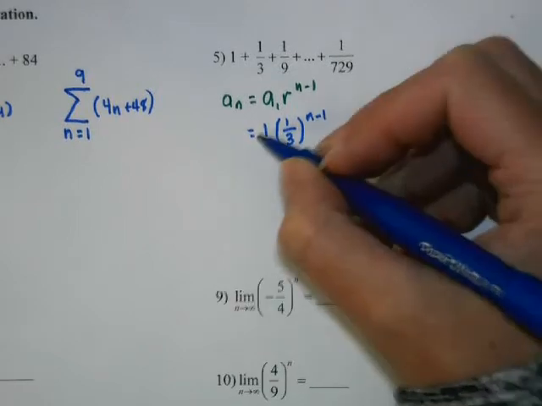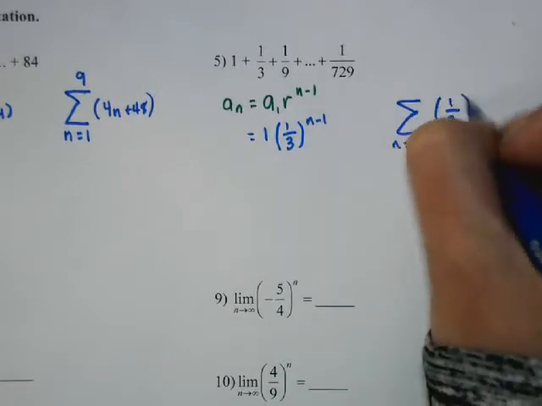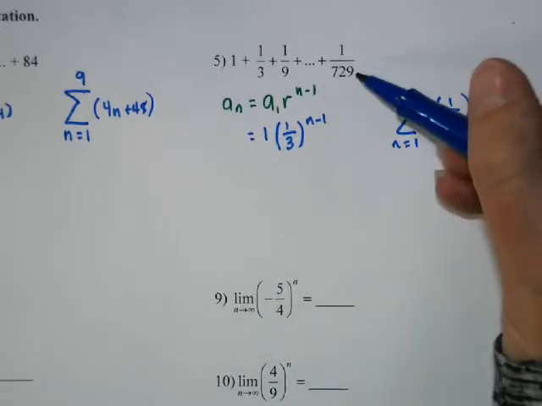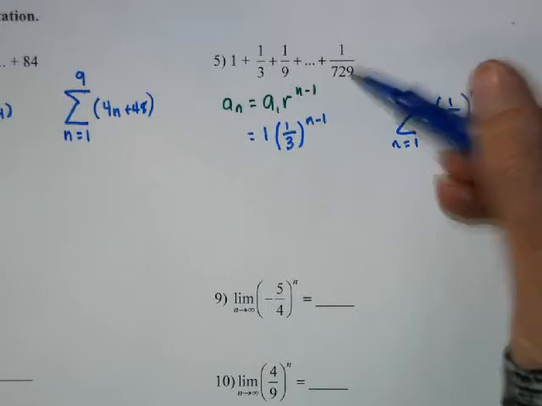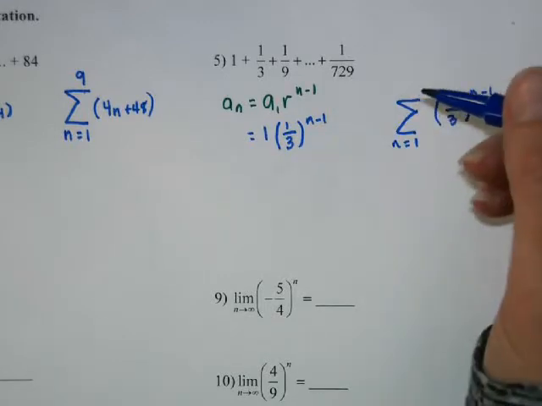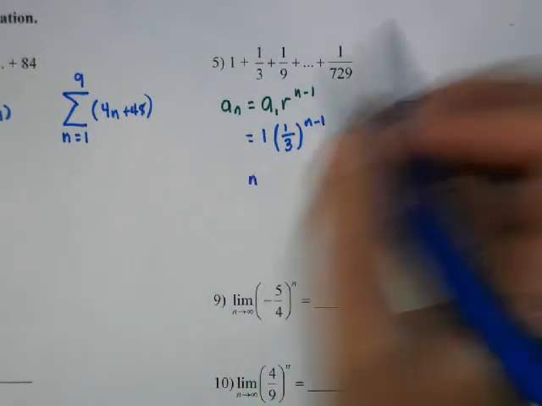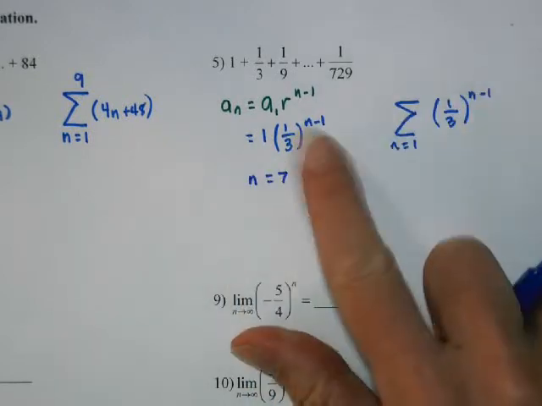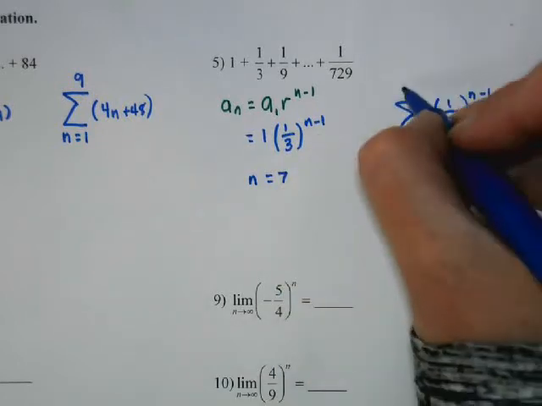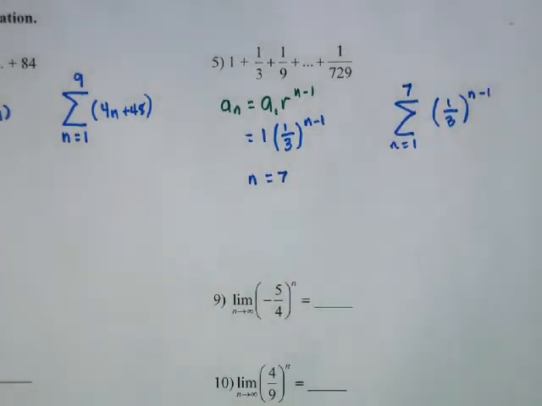My general term, we don't necessarily need to write that 1 anymore. So this will be 1/3 to the n minus 1. Then we want to figure out what we need to raise 3 by to get 729. When you do that, you'll end up with n equals 7. So 3 to the 6th is 729, so my n will be 7. And you have a calculator to do this with.